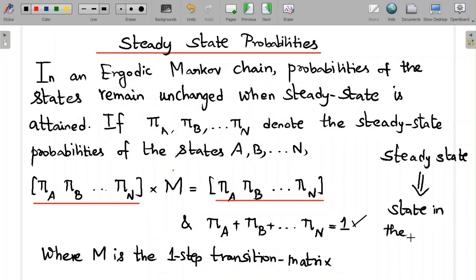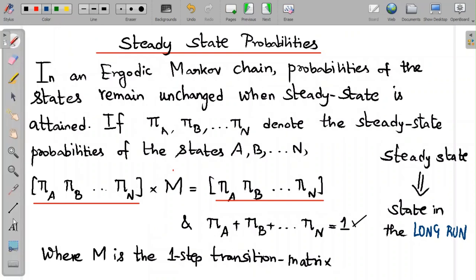So, in the long run is the code for the steady state being attained. So, when we are facing a problem and they want us to determine the probabilities in the long run, they indirectly want us to calculate the steady state probabilities. I have two problems under this topic. We'll discuss them shortly.